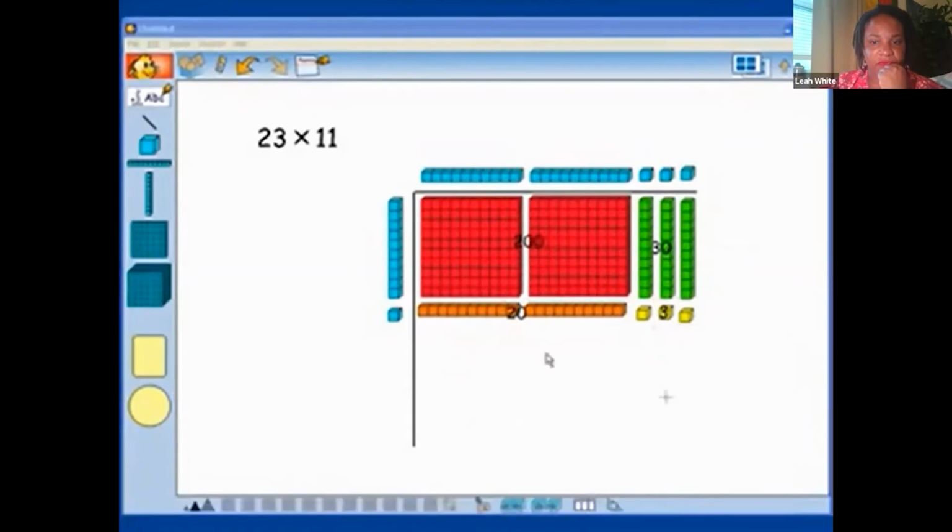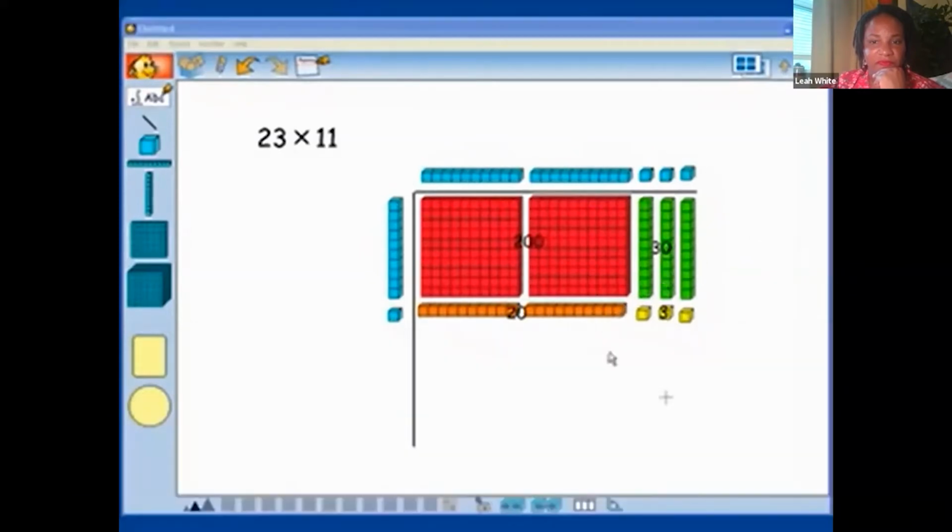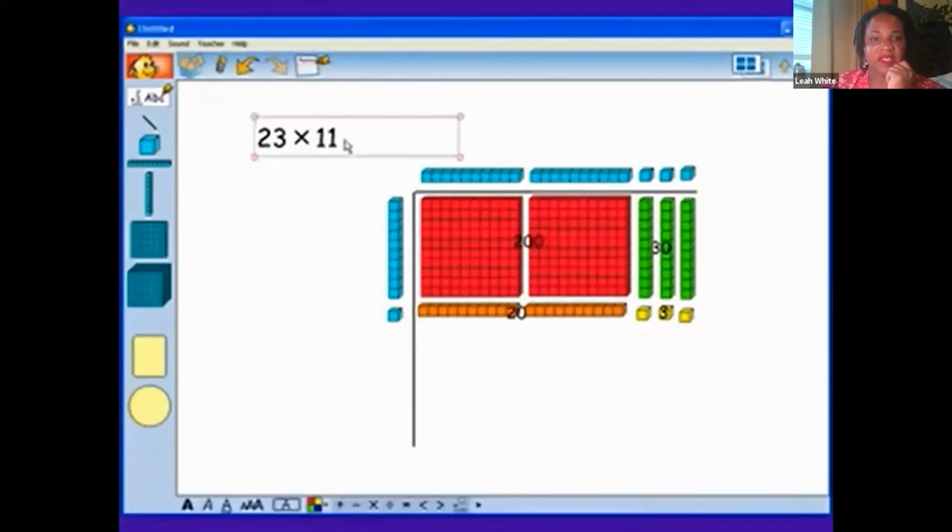Let's add up all these partial products to find our total product, our solution. 200 plus 20 plus 30 plus 3. Well, 20 plus 30 make 50. So altogether I have 200, 50, and 3. 253. 23 times 11 is 253.